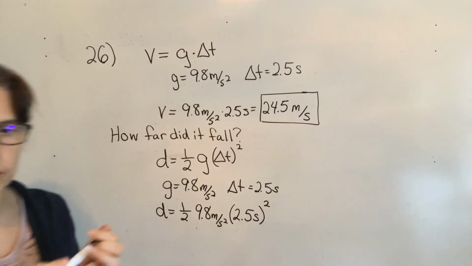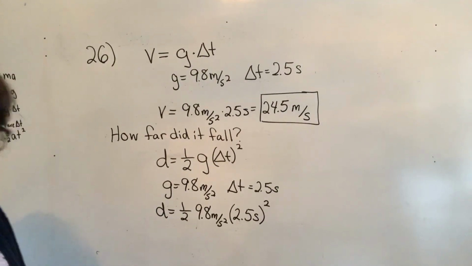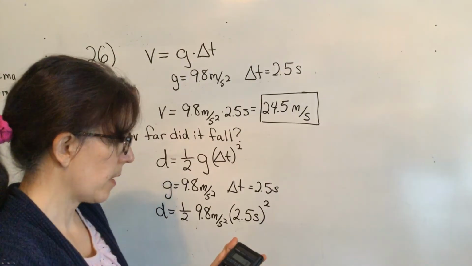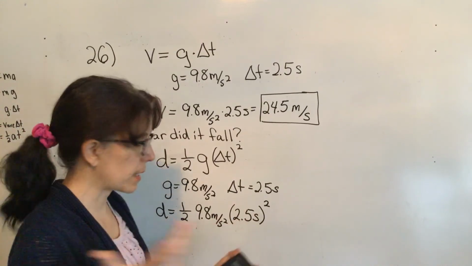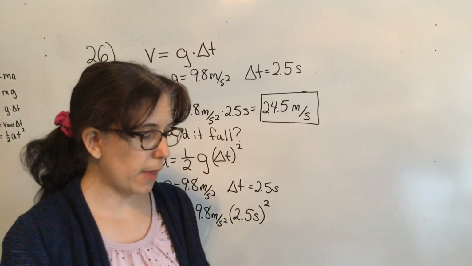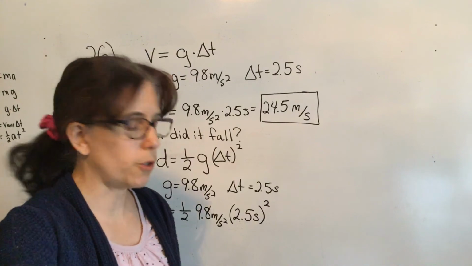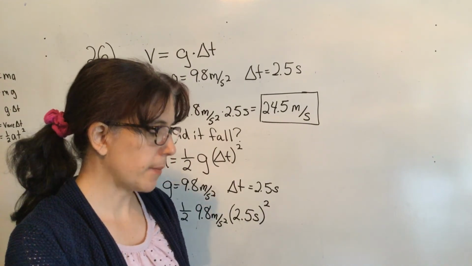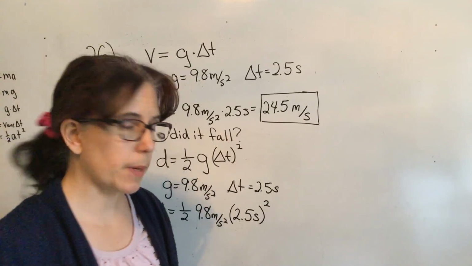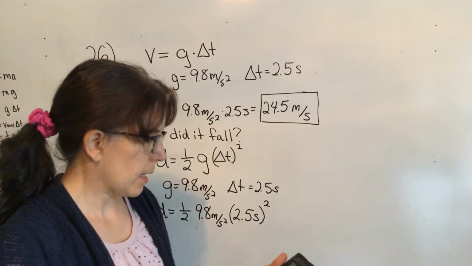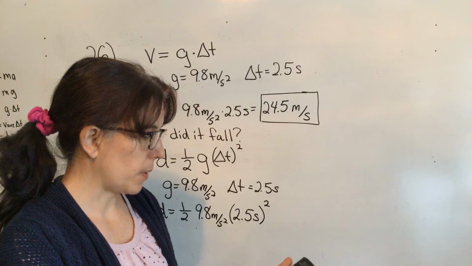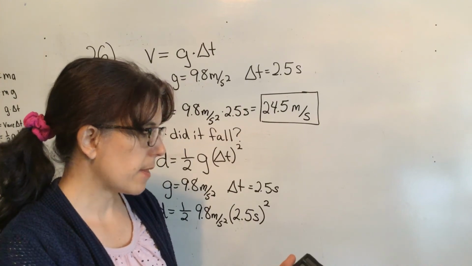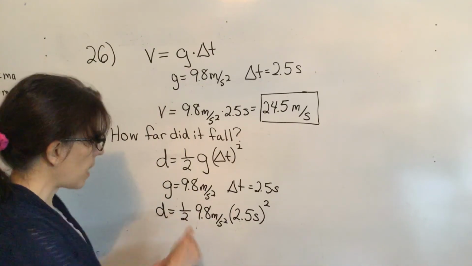So what are we going to do with that? Okay, real easy. We're going to start with squaring because squaring is what you learn in math. That's what you do first. You do your exponents first. So 2.5 times 2.5, we just squared it by multiplying it by itself, times 9.8. Then we're going to multiply by 1/2.